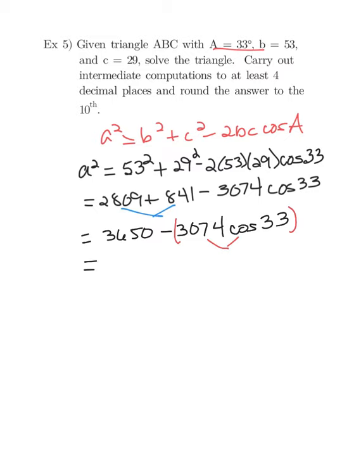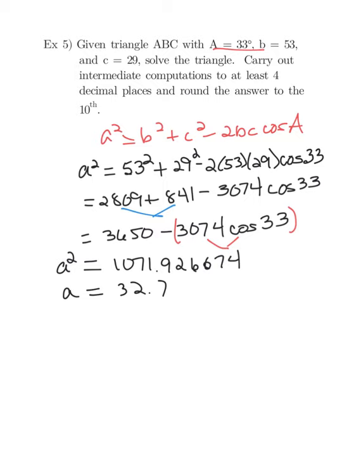If you do that, your a squared winds up being 1,071.926674. But that's a squared. We need a. So do the square root of both sides, and you get a equals 32.7 because we are supposed to round to the 10th.